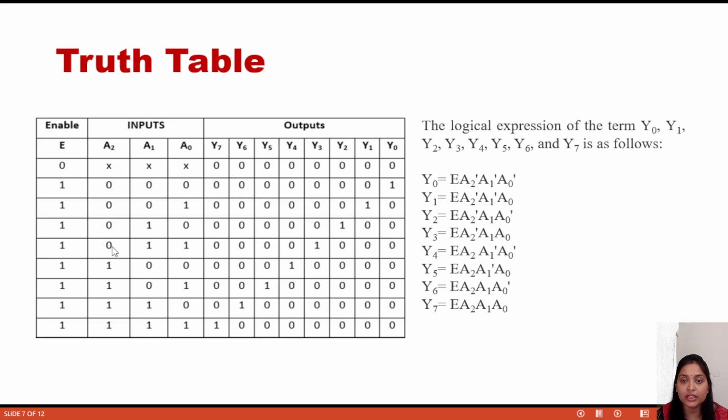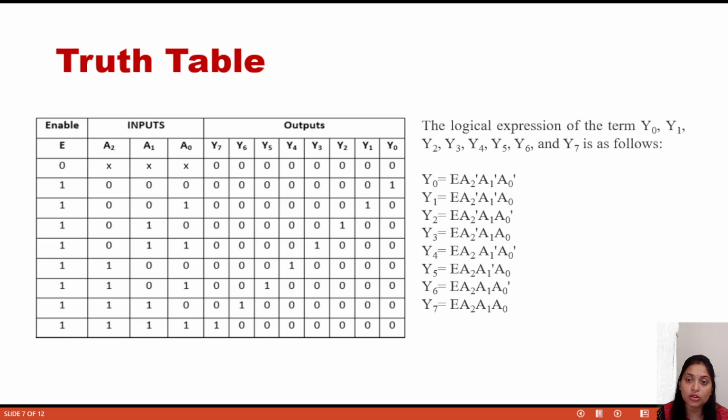Okay, then Y3 equals A2 bar, A1 and A0, and then Y4 that means A2, A1 bar, A0 bar, and E will be there in each combination, and then Y5 equals E into A2, A1 bar, A0, then Y6 equals E into A2, A1 and A0 bar, and Y7 equals E into A2, A1, A0. So these are the final output logical expressions.